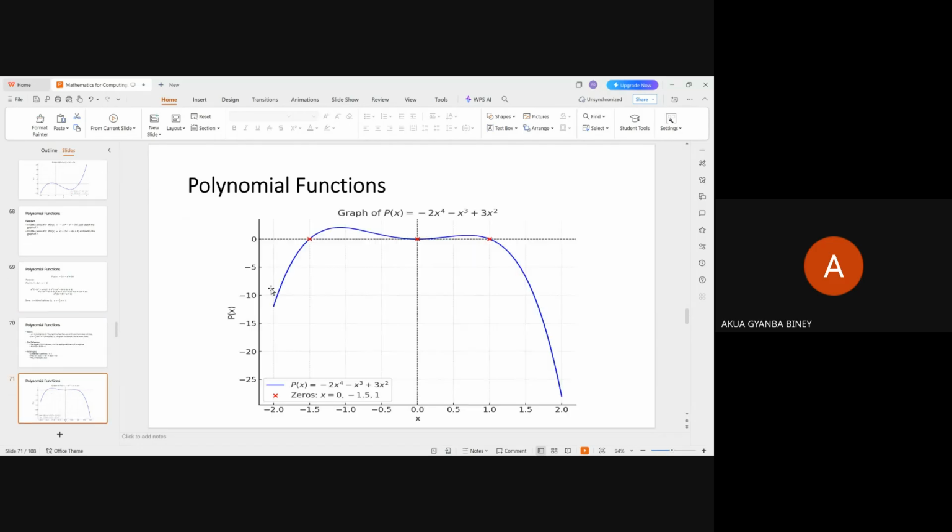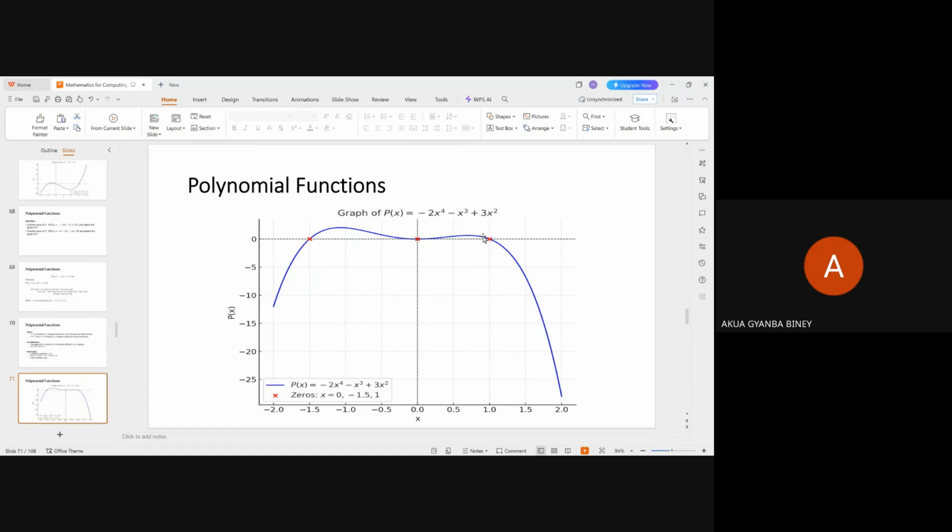Okay, so let's look at the drawing. When x equals 0, the multiplicity is even, it has x squared. So we realized that when x is 0, it did not cross the line, but rather it bounced off. But with the other zeros, the multiplicity was 1, which is odd, so it will cross the line.